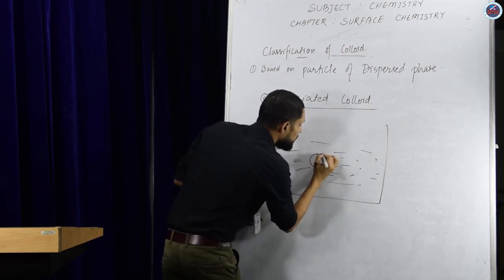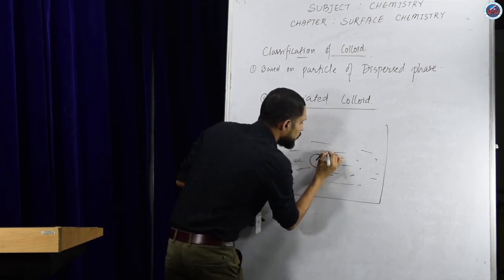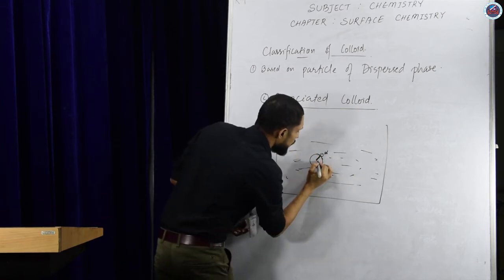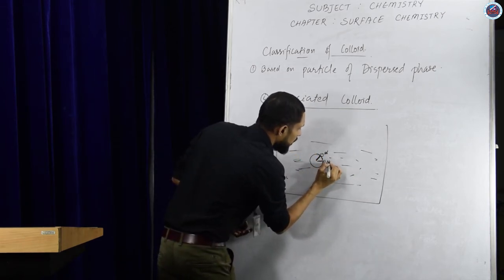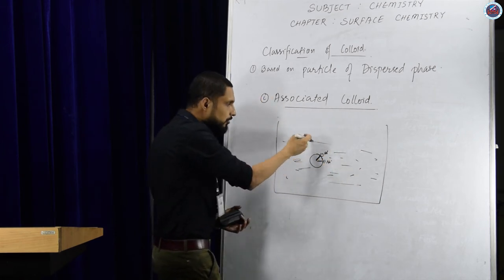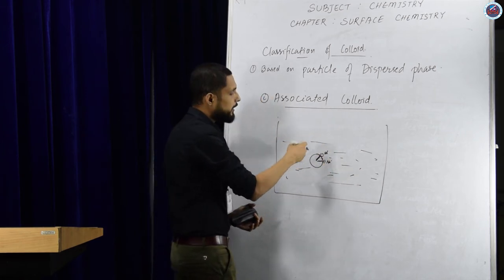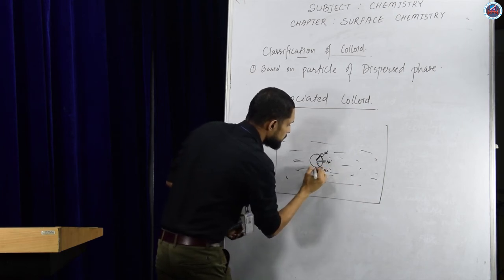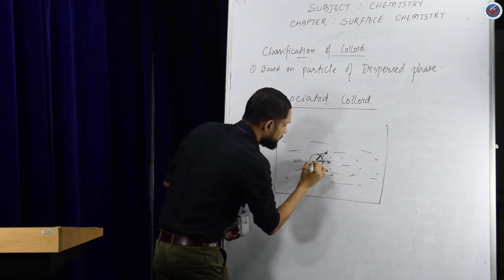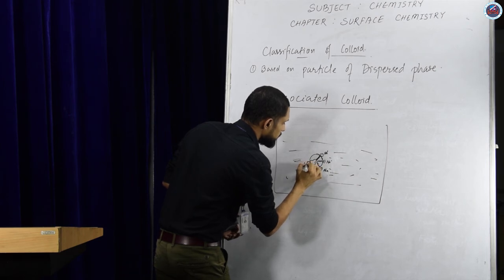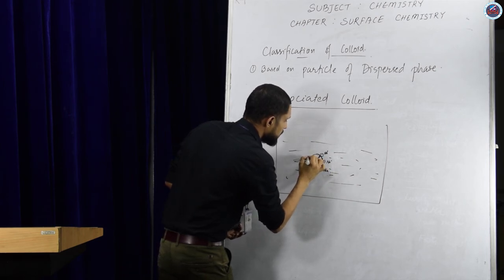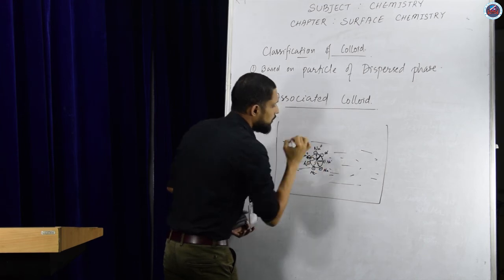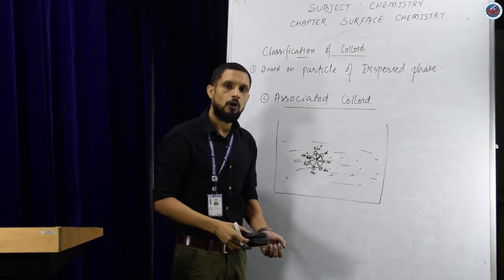Whereas the polar end remains suspended in water since they are hydrophilic in nature. So there will be more number of soap particles, where the non-polar end will be soluble in oil and the polar end will remain suspended in water. So this is how a micelle is formed.